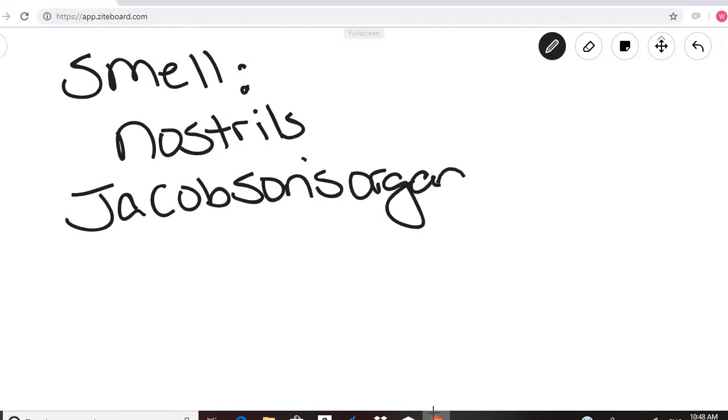And the combination of the nostrils and the Jacobson's organ, which is actually in their mouth, is basically detecting chemicals in the air.